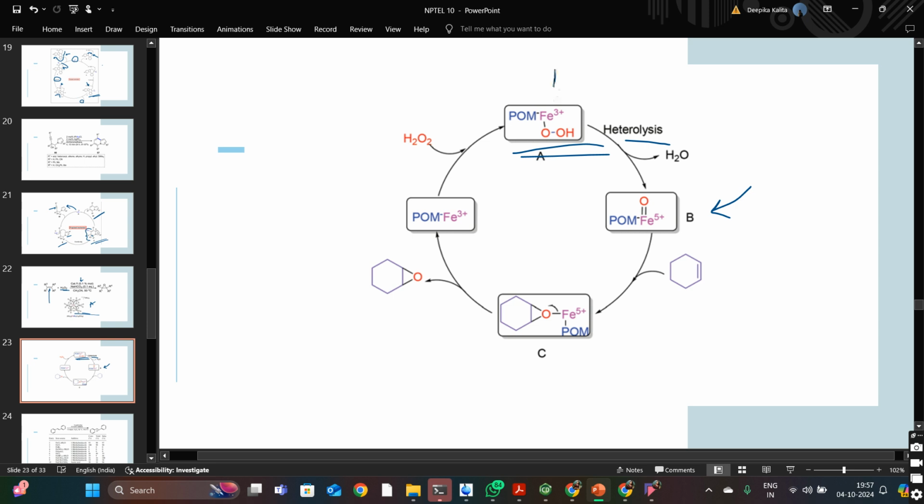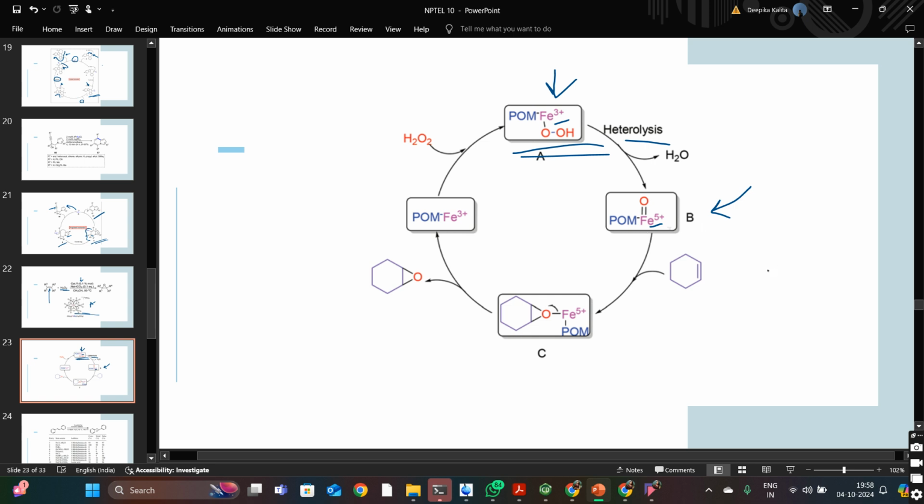Okay, initially the iron is present in the catalyst in +3 oxidation state, and at the end of the heterolysis the iron is going to be oxidized to +5 oxidation state.